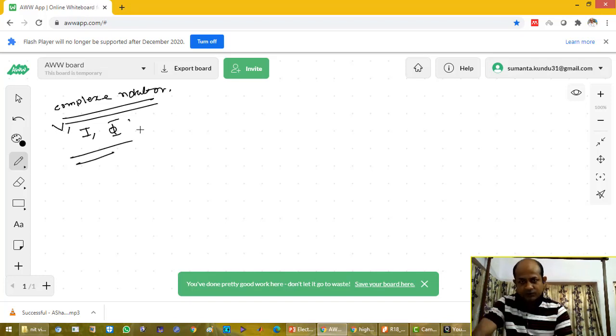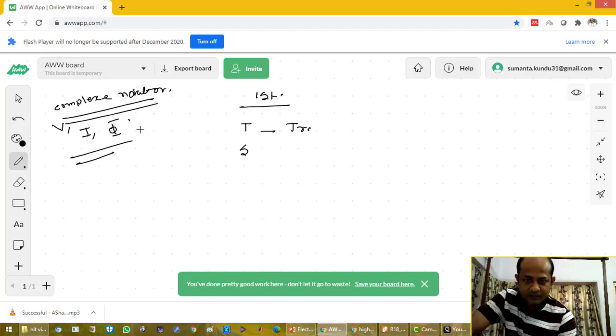First, keep in mind the subscripts T and S: T for transformer EMF, S for speed EMF.